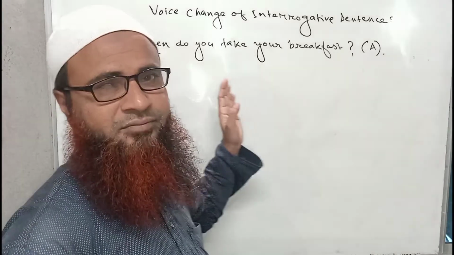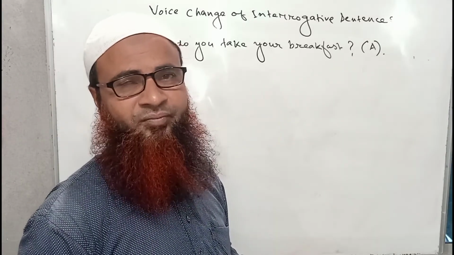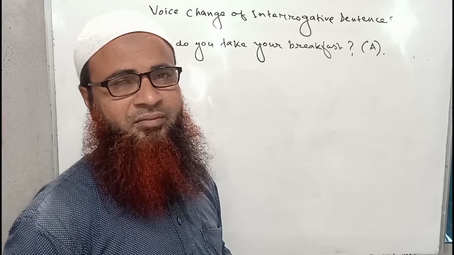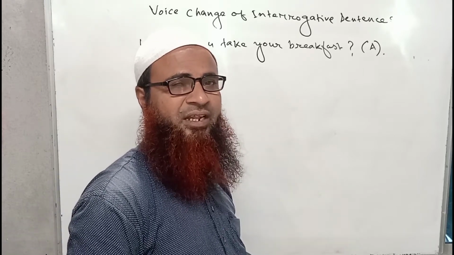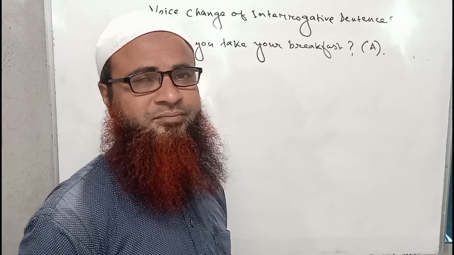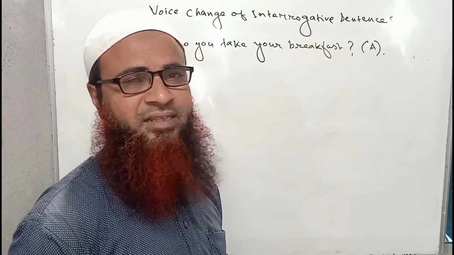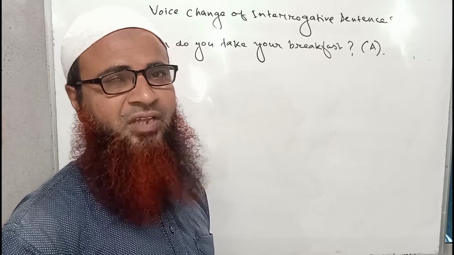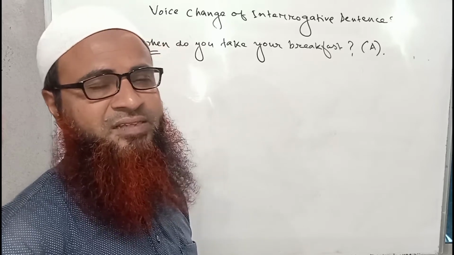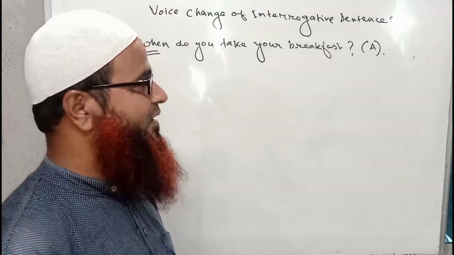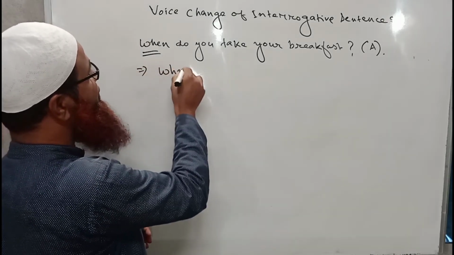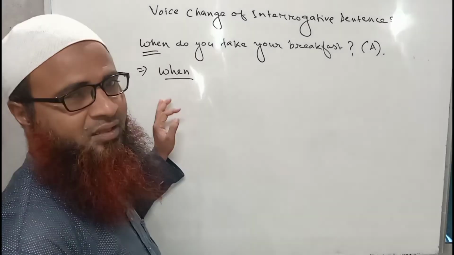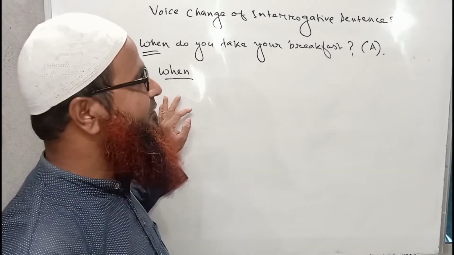Actually, the rule of voice sense is the same. The only different thing is that in an interrogative sentence we have to keep the nature of the sentence intact. That means an interrogative sentence must be an interrogative sentence in passive also. That is why in an interrogative sentence this question word will remain the same in the passive form also.